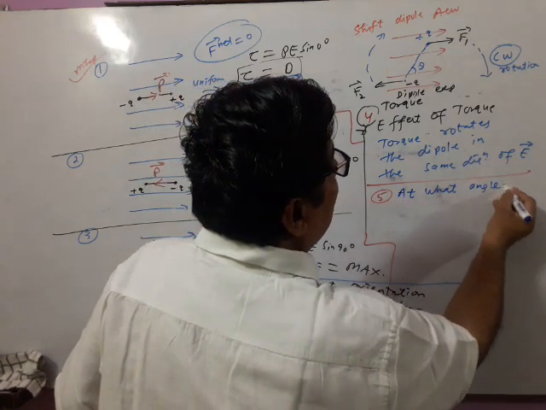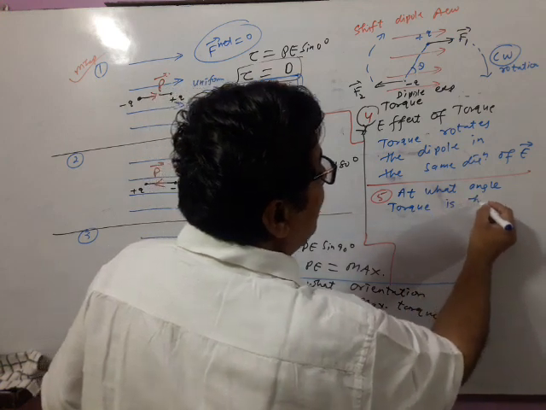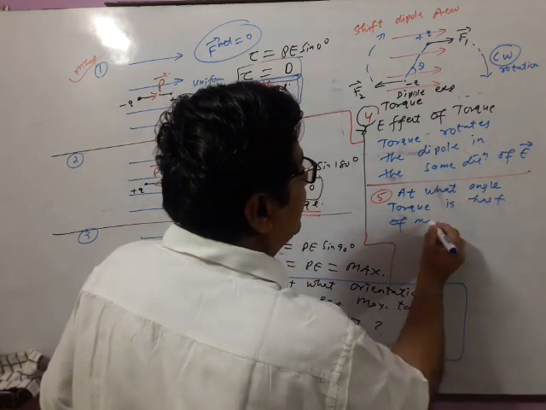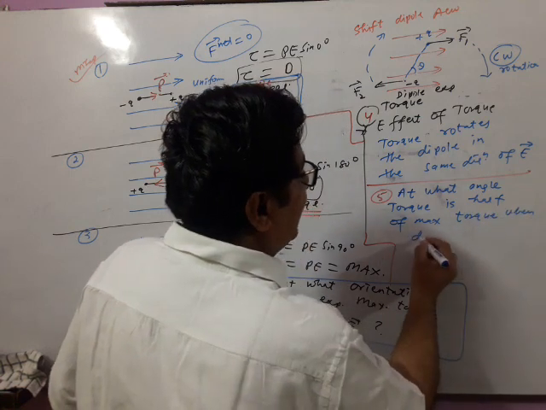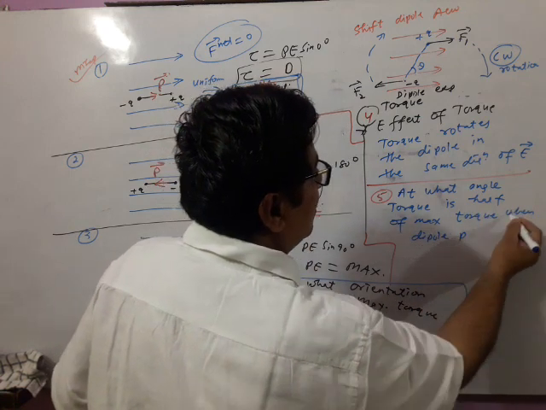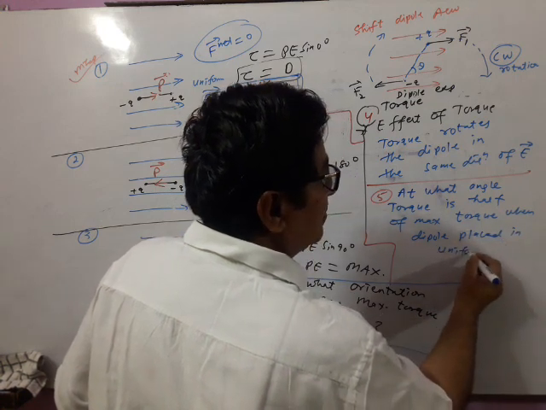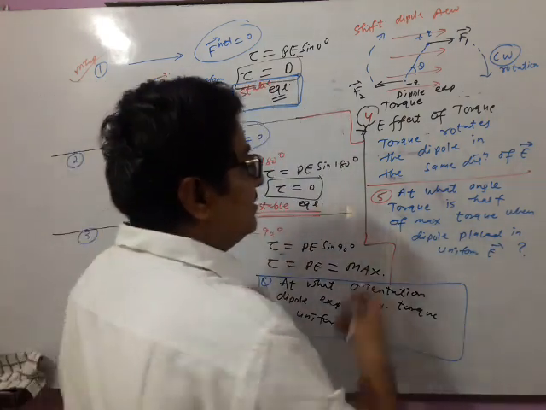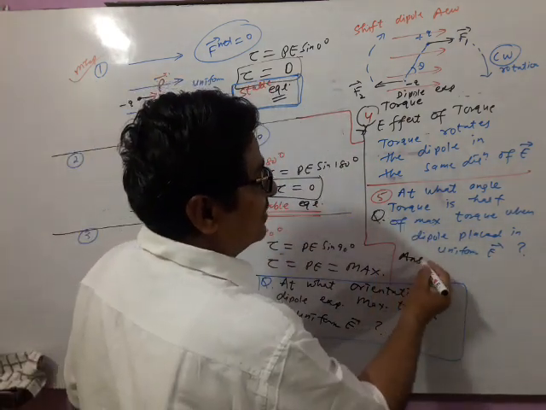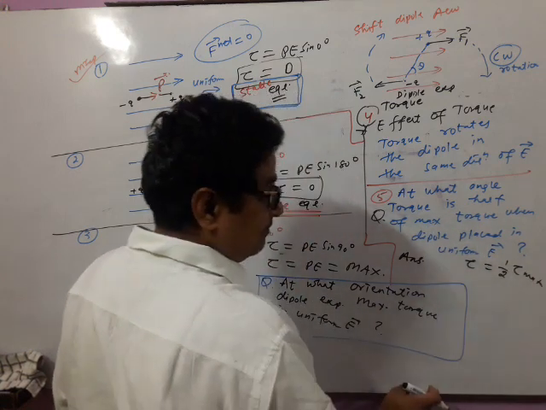At what angle is the torque half of the max torque when the dipole is placed in a uniform electric field? See the question. Answer. Torque is half of max torque.